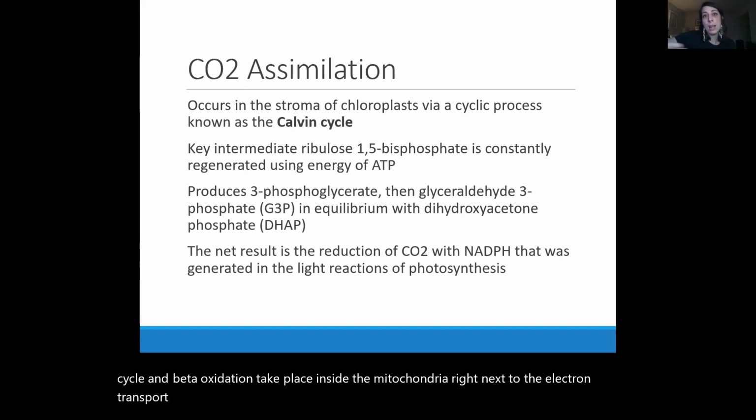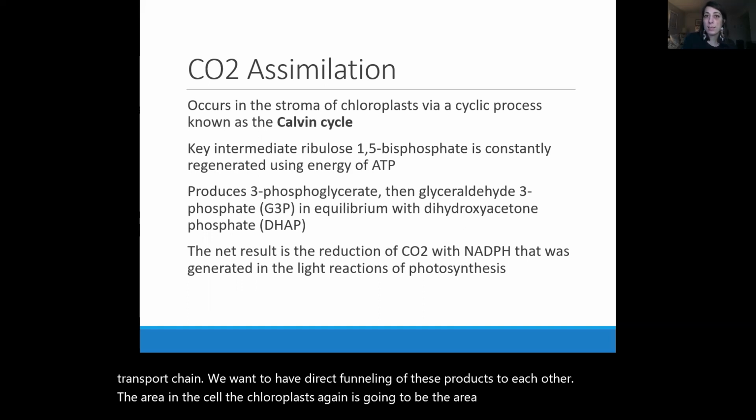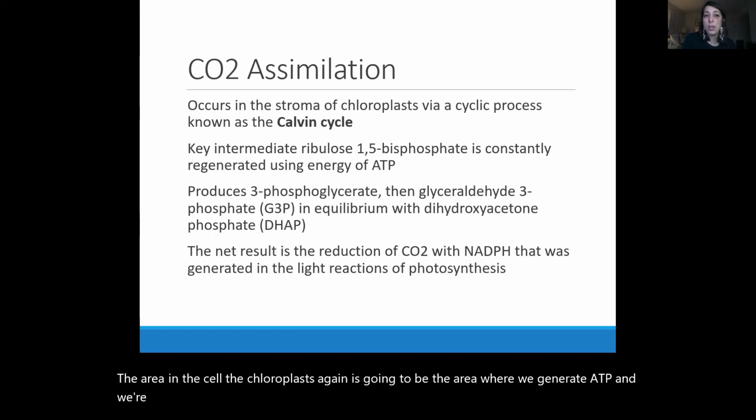We want to have direct funneling of these products to each other. The area in the cell, the chloroplasts, again, is going to be the area where we generate ATP and we're generating NADPH. And it also is going to be host to what's called the Calvin cycle.